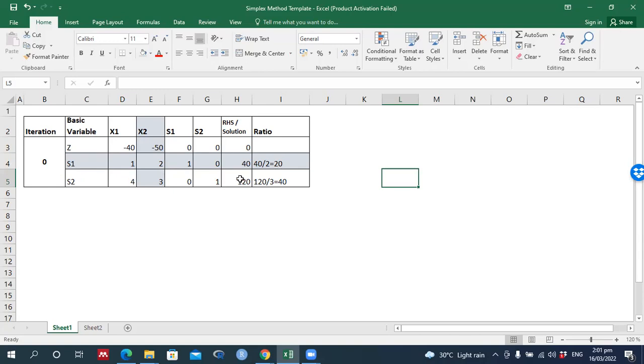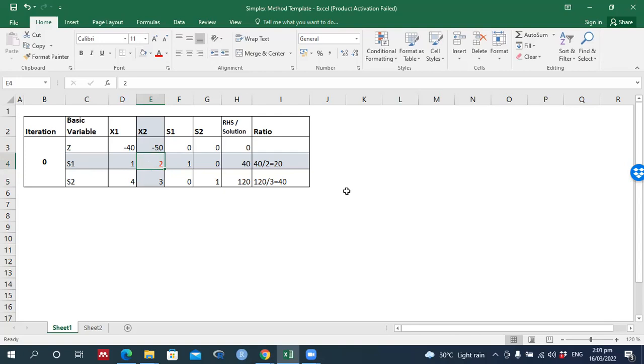Please, can we go on? So that is what a pivot row is. Now, where the pivot column and the pivot row meet, in our case here, becomes our pivot element.